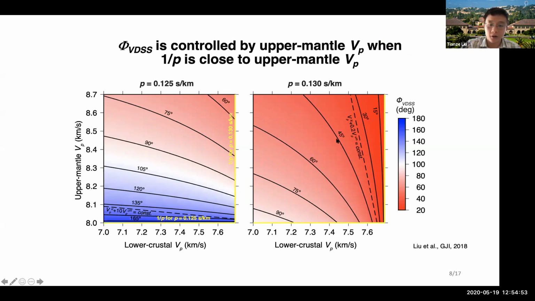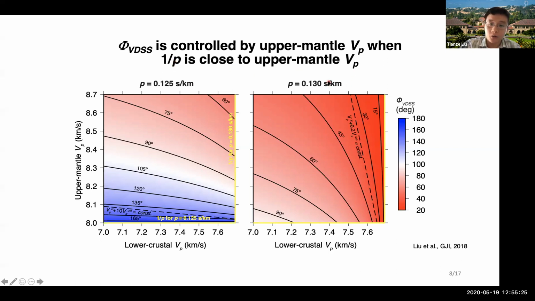And in this panel, we first observe that in general, phi VDSS decreases as we increase ray parameter, and also its dependence on the upper mantle VP decreases, as evidenced by the more oblique contour lines compared to the left panel. So our conclusion is that phi VDSS is controlled by upper mantle VP only when 1 over P is close to our upper mantle VP.